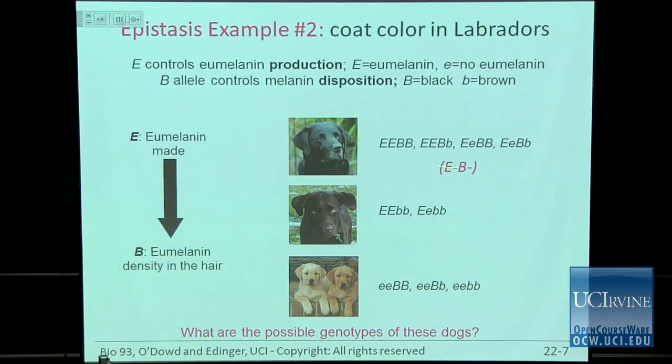So all four of these phenotypes match with that abbreviation. For the browns, they have to have at least one big E and two little b's. And these guys would be either the homozygous recessive E with whatever one big B and whatever the dash is, or doubly homozygous recessive. And why labeling them this way helps me, I hope will become clear on the next slide, that this is an alternate strategy.